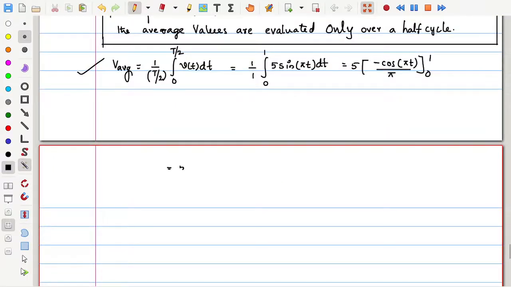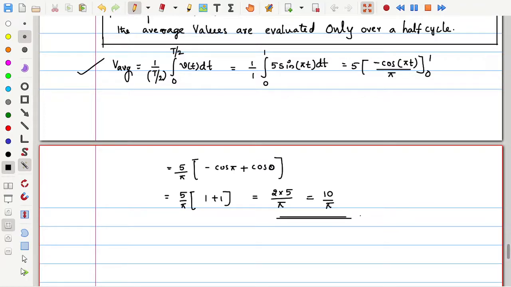This is equal to 5 by pi into minus cos pi plus cos 0. Cos pi is minus 1, so 1 plus 1 is 2, into 5 by pi. Why I am writing it like this, you will understand a little later. This is 10 by pi, the average value for this sine wave. Right?